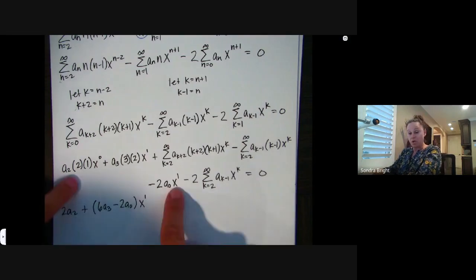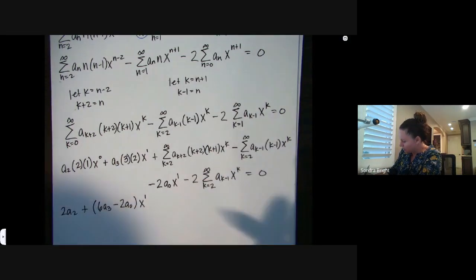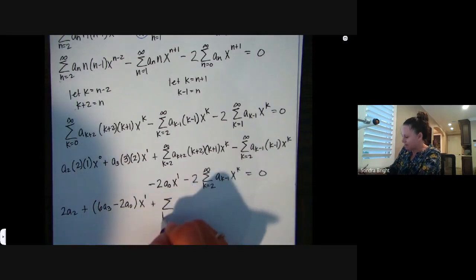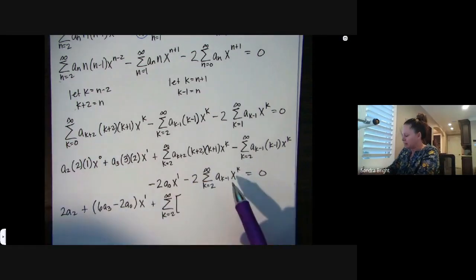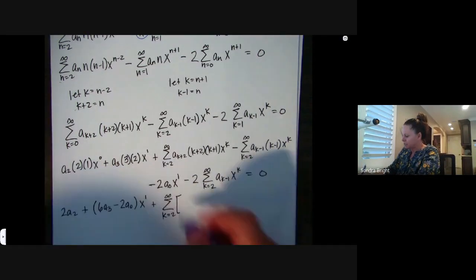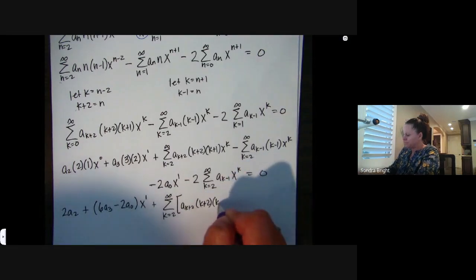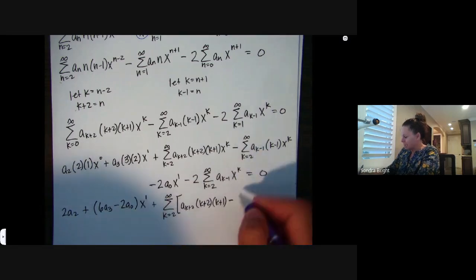but they're all starting with an index of k equals 2. So from k equals 2 to infinity, I'm going to factor it all out, and they're all x to the k. So it would be a sub k plus 2 times k plus 2 times k plus 1, and minus a sub k minus 1 times k minus 1.